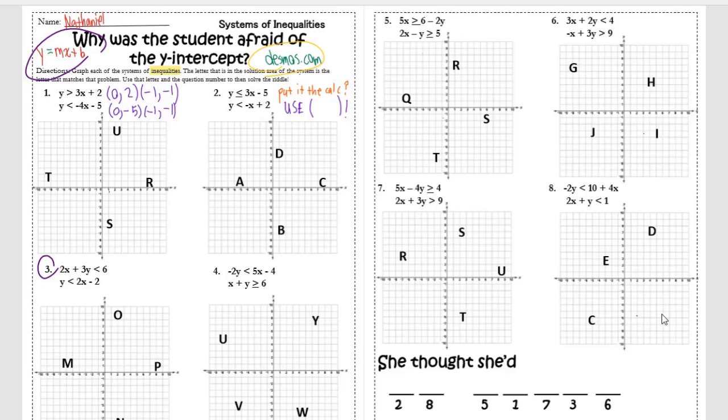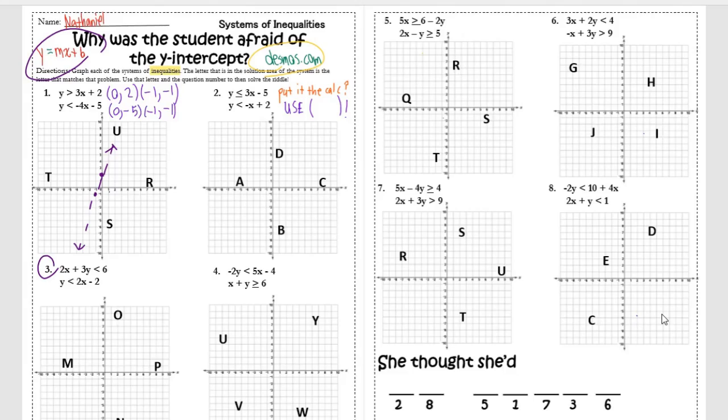Okay, our 2 points for our first inequality are 0, 2, so when x is 0, y is 2, and negative 1, negative 1. So it is y is greater than, so we're going to have a dashed line. If you're worried about where to shade, just think about the y values.